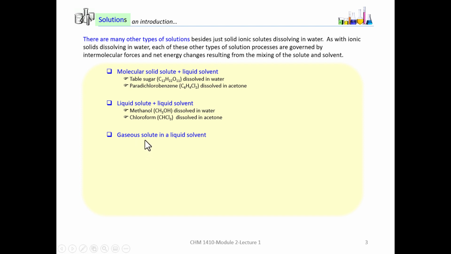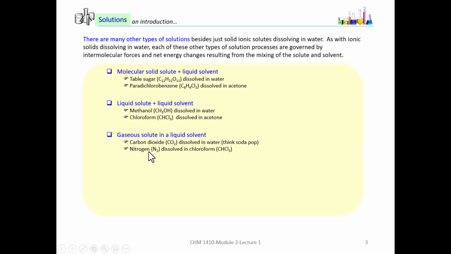How about a gaseous solute in a liquid solvent? Well, the easiest example would be carbon dioxide gas dissolving in water. Think soda pop. Nitrogen gas, which is nonpolar, is quite soluble in chloroform because chloroform is barely polar.